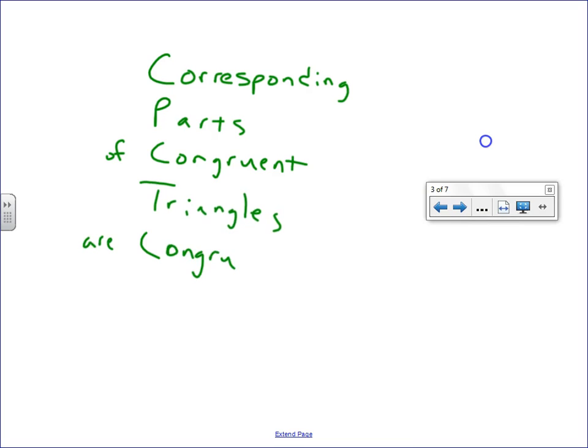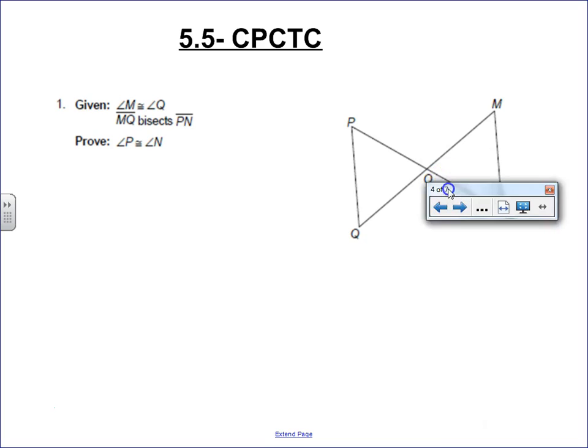And we can abbreviate that with our CPCTC. So we don't have to say that whole phrase anytime we want to show that corresponding parts of those congruent triangles are congruent. So let's take a look at where we can use this.